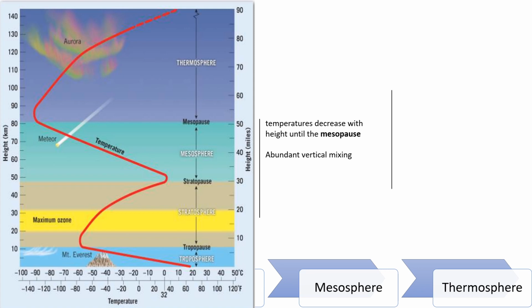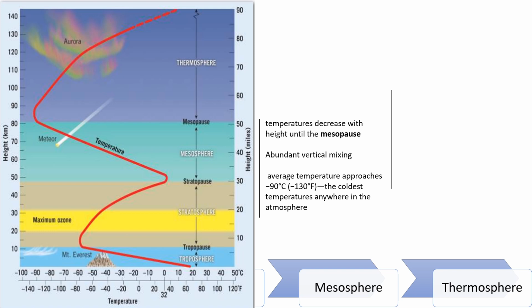And there is abundant vertical mixing, just like in the troposphere. The average temperature approaches negative 90 degrees. You can see here that it's the coldest temperature anywhere in the atmosphere. The mesosphere is one of the least explored regions of the atmosphere.